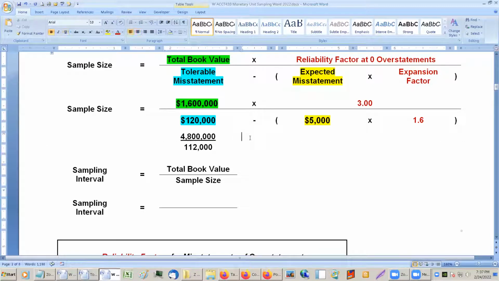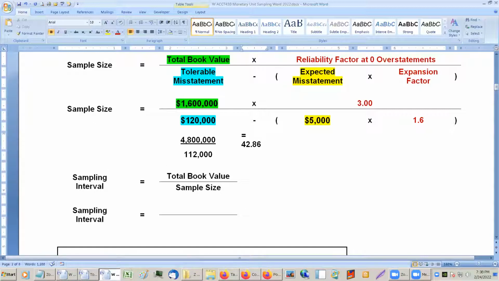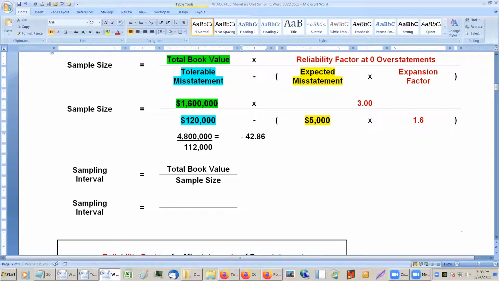Okay, so 4,800,000 divided by 112,000 equals 42.86.